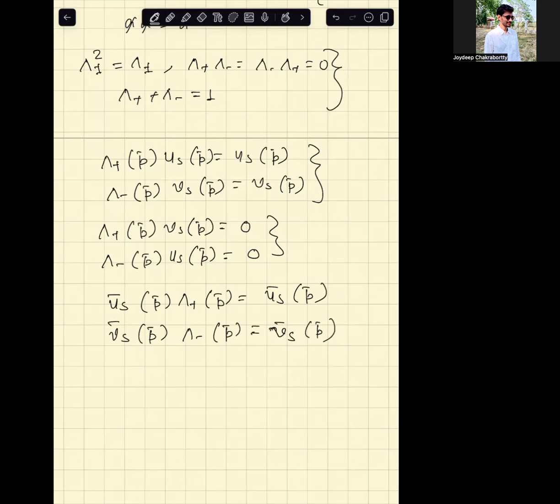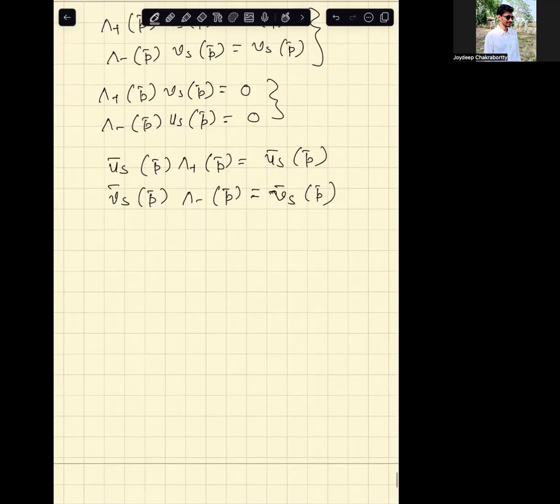So not only the field but also its conjugate field behaves like that. We also find that v-bar_s(p) lambda plus(p) equals u-bar_s(p) lambda minus(p) equals 0.